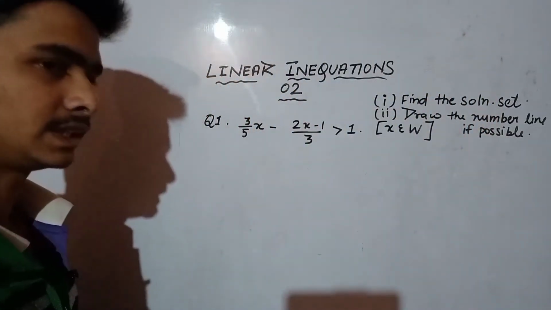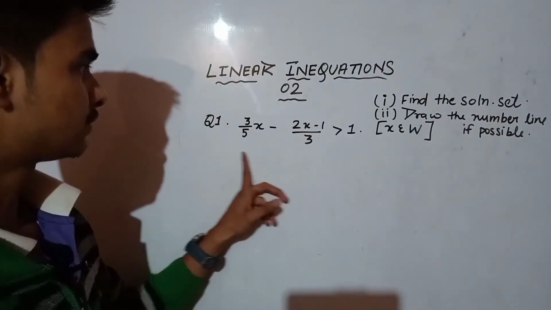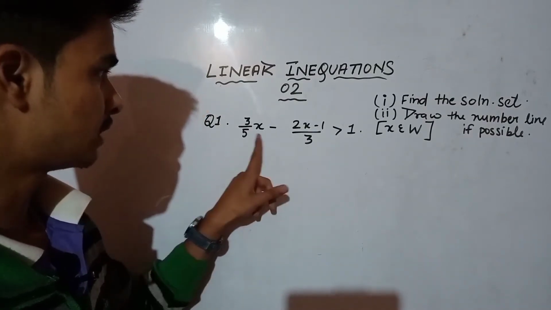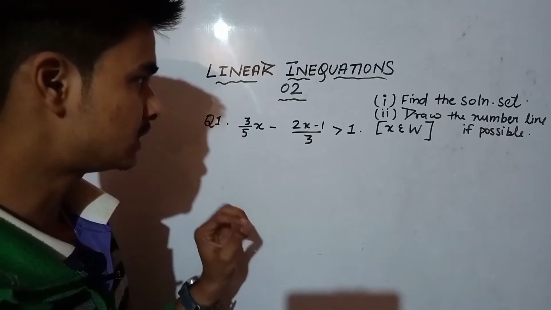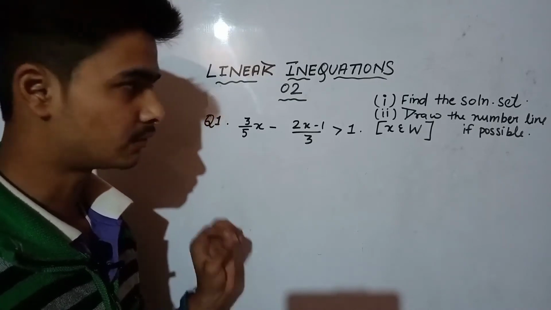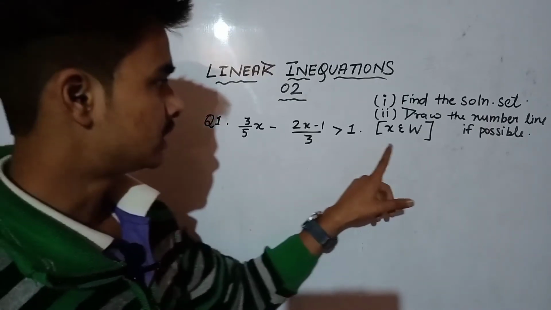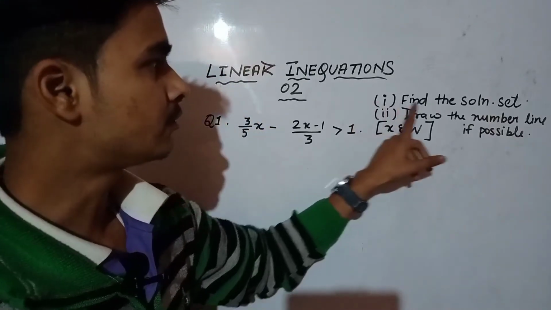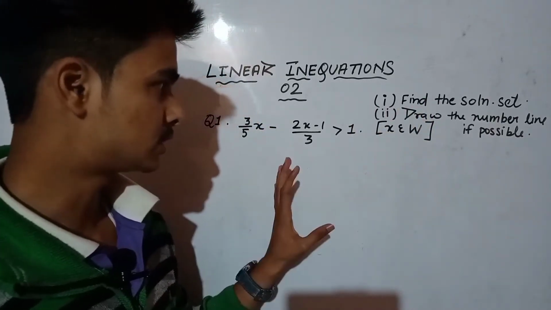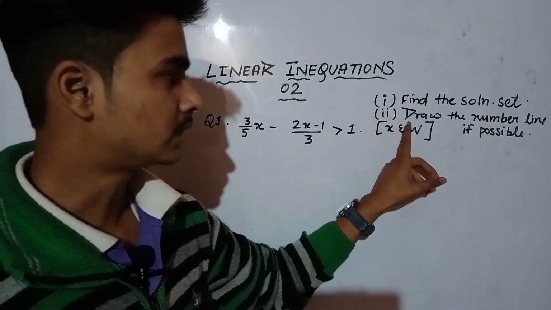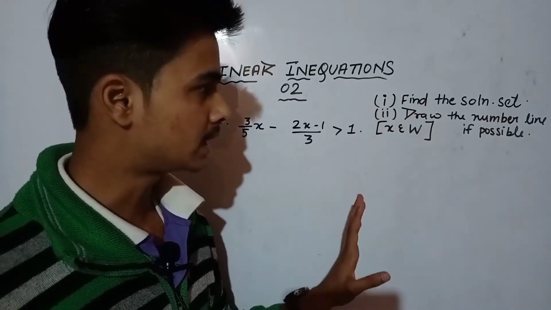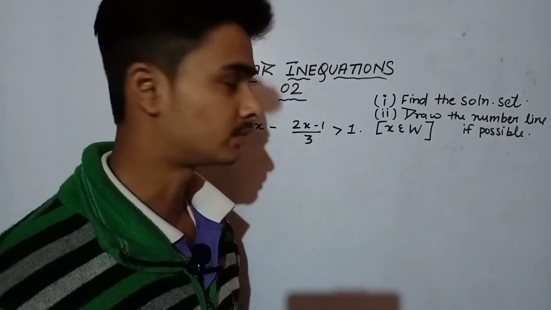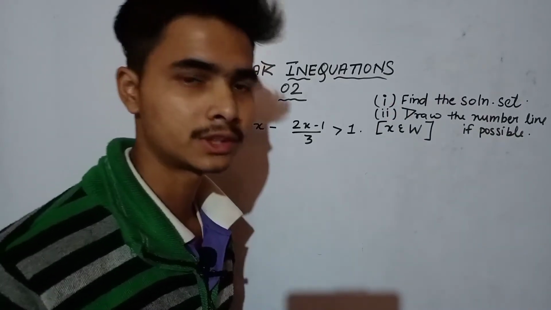It says the inequation is 3 upon 5x minus (2x minus 1) divided by 3 is greater than 1, where x belongs to whole numbers, and we need to find the solution set. The second part of the question is to draw the number line if possible. So let's see how we are going to solve the first question.